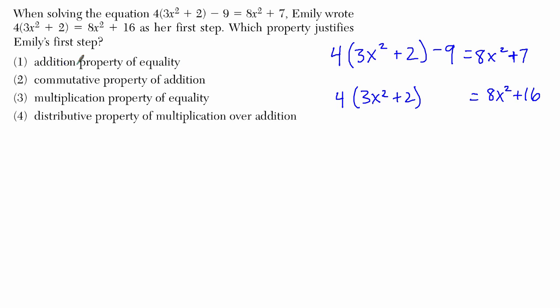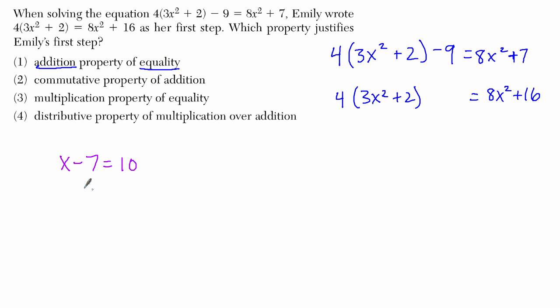The first one is the addition property of equality. Right away you're thinking, well, addition, that's probably to add, and equality, oftentimes we think of that as equals or an equation. This allows you to take an equation such as x minus 7 is equal to 10 and add to both sides of the equation.